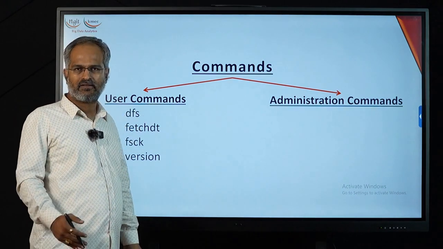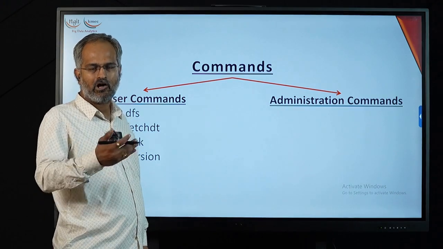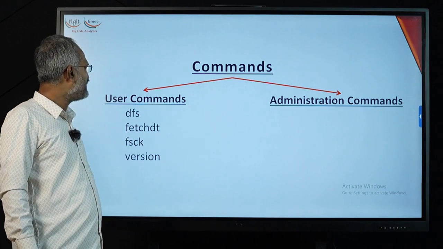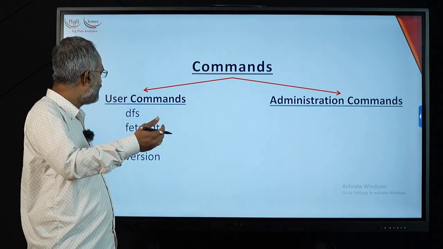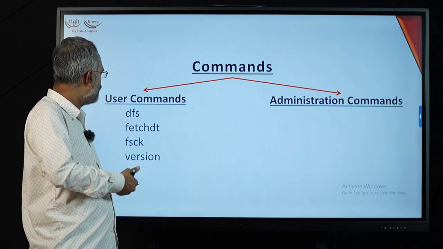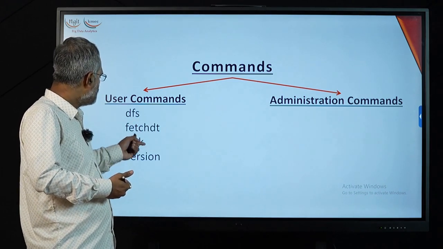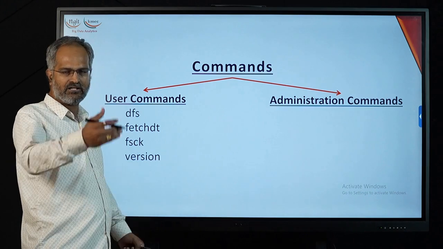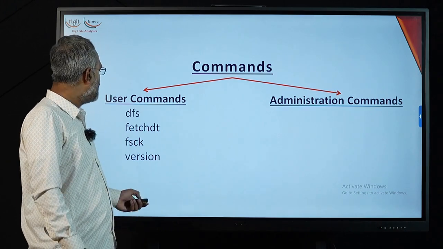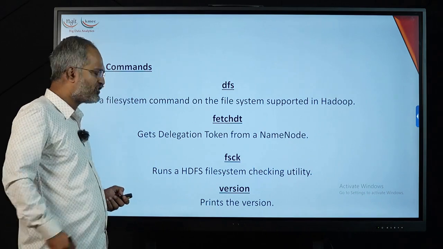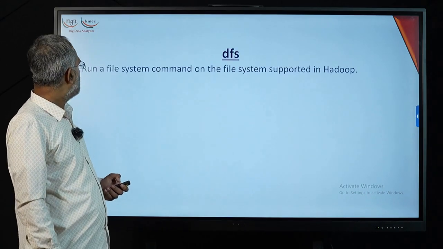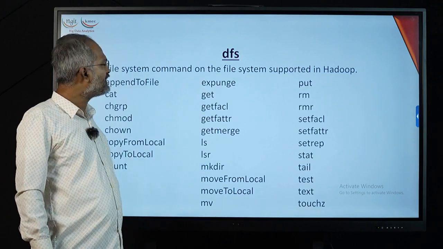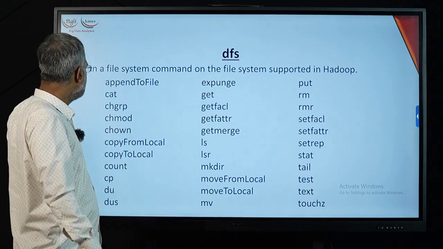DFS is for the distributed file system; all the file system commands are available in the dfs command. fetchdt fetches the delegation token details, fsck checks the file system, and version displays the version of the HDFS. The dfs command has various options.